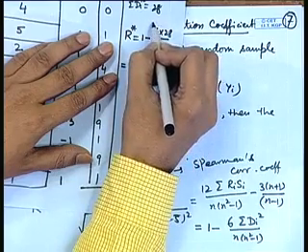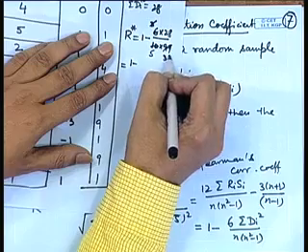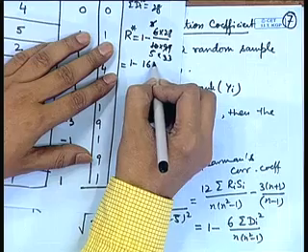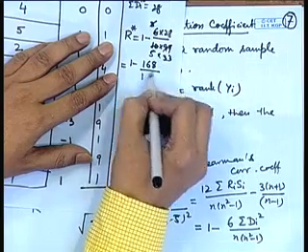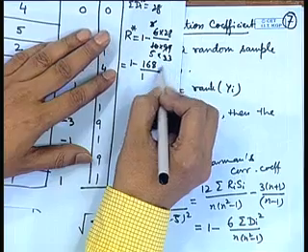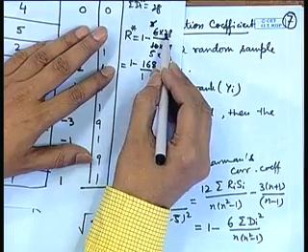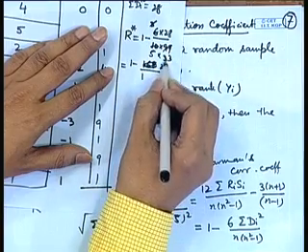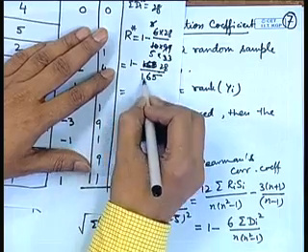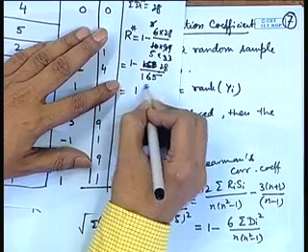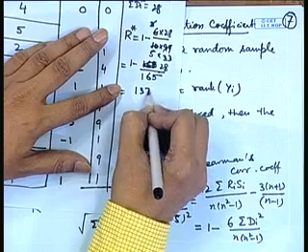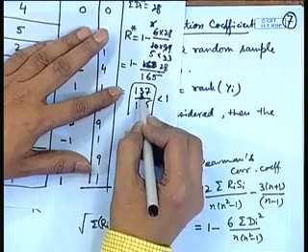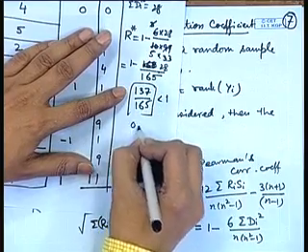So, we get here 1 minus 28 divided by 165, that is equal to 137 by 165, which is of course less than 1, but it is near about, if we calculate the actual value, it will be 0.8 approximately.